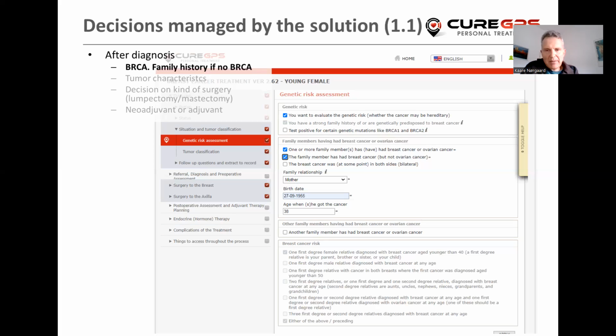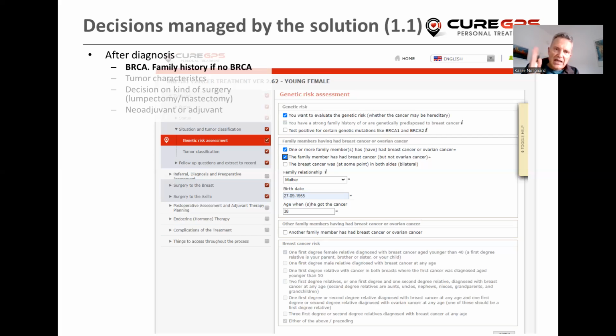And the thing is, there might be a lot of other combinations, like your mother was 42, but her sister had breast cancer as well. Then another rule will be flagged to say, okay, two family members had breast cancer at a younger age than 50, in which case you have an elevated hereditary or family risk as well.